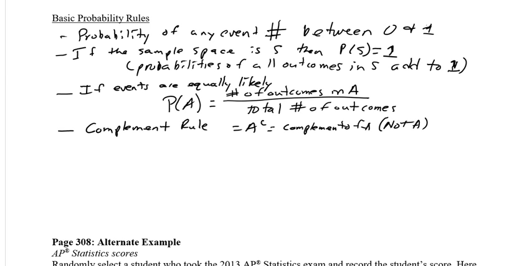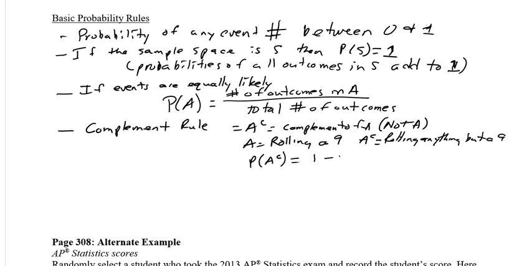So if our event A is rolling a 9, A complement is rolling anything but a 9. And it would make sense then that the probability of A complement equals 1 minus the probability of A. In other words, the probability of A here is 4 out of 36. Well, the probability of not getting a 9 would be 32 out of 36, which certainly makes sense.